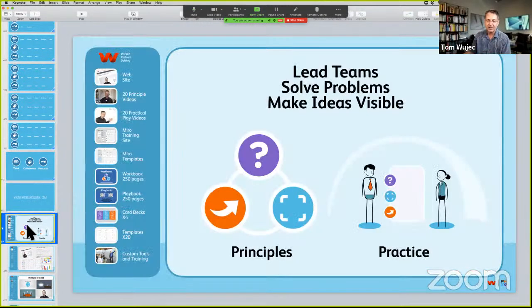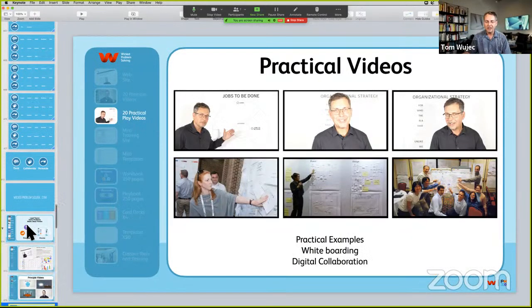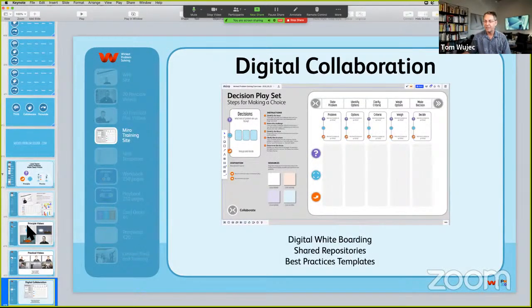It's a framework. We have the first course. We're going to have a number of other courses that include the very tightly scripted kind of TED Talks, with high quality videos, with digital mural boards. So we have about 50 or so digital mural boards that walk you through this process.